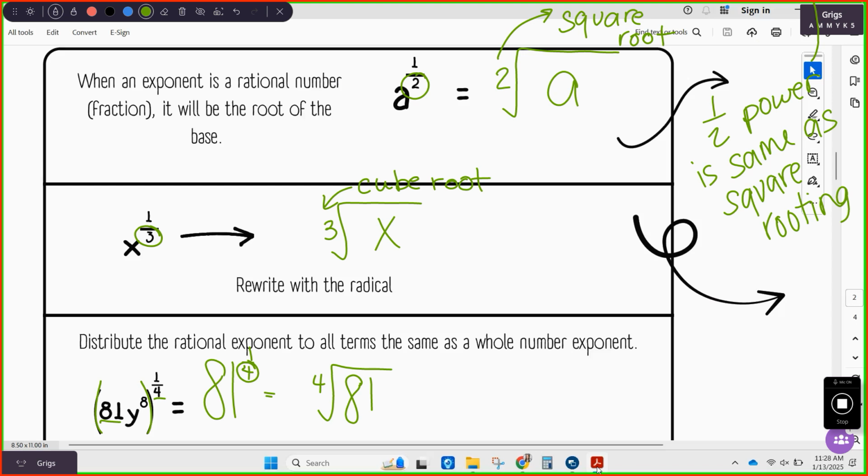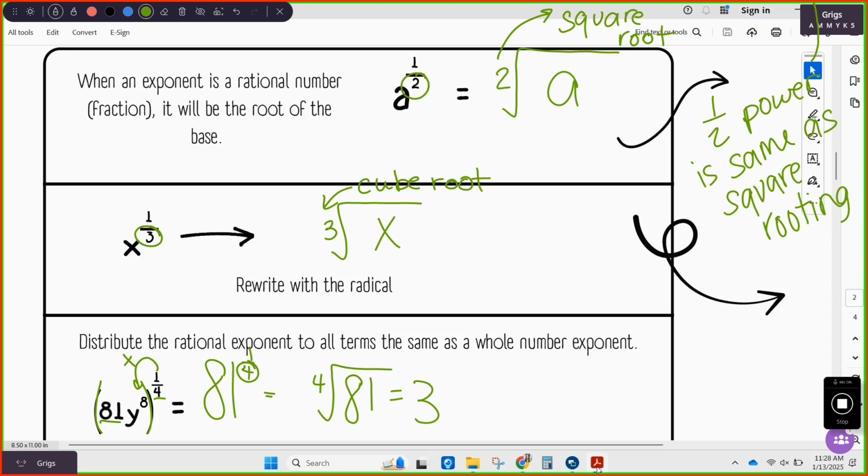So I got that. Am I done? No. I gotta do what? The multiplication. The y, the multiply. So now that I have a regular old exponent, I can multiply. So I'm going to say 1/4 times 1/8. Prove it.